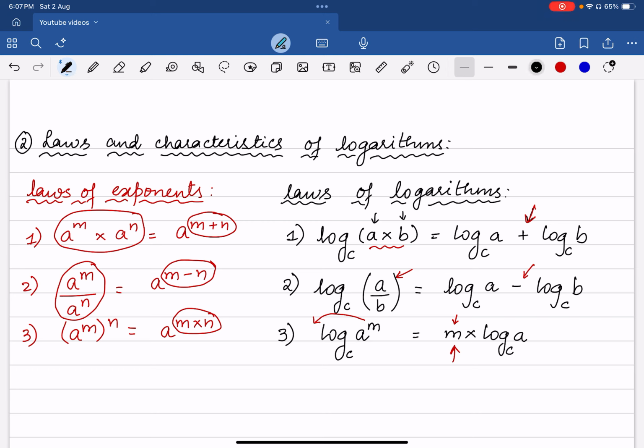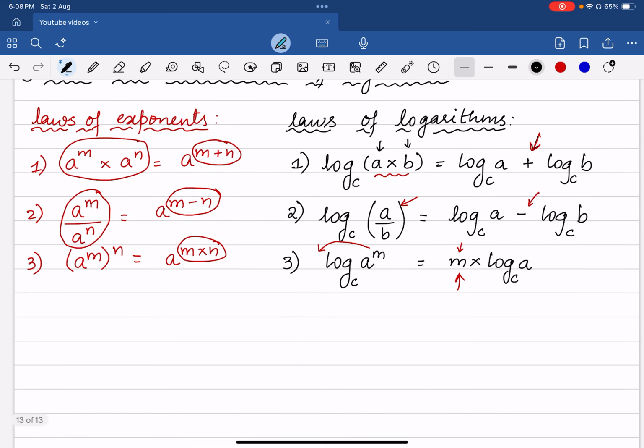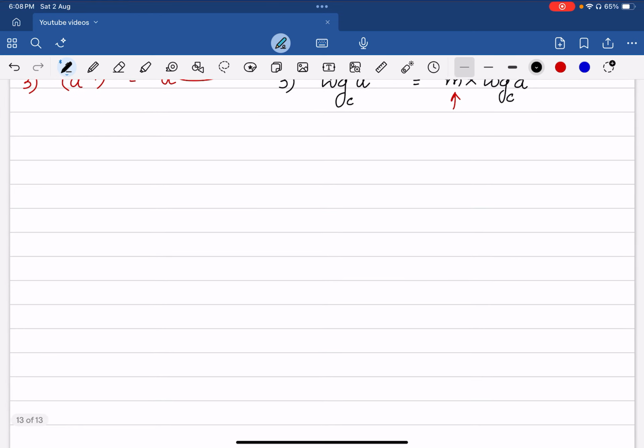Okay. Moving on, some basic characteristics of logarithm we should be aware of. And again, these characteristics stem from our understanding of exponents. First thing that I want all of us to reiterate is, whenever I say a, or anything raised to 1, what is the result?